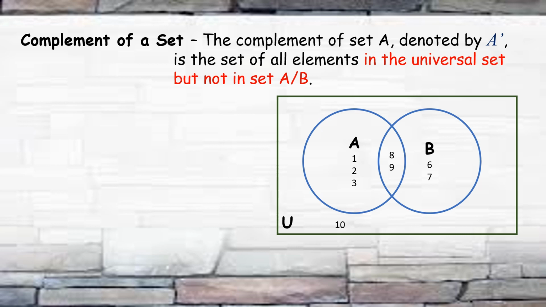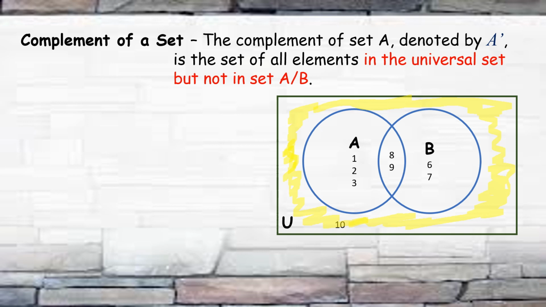So, halimbawa, 'di ba ito, part na to, of course, yung labas, automatic kasama sa complement yan. 'Di ba? Kasi, hindi siya belong sa set A. Okay? Yan. In your exam, you need to fill out all over the shade, the spaces.